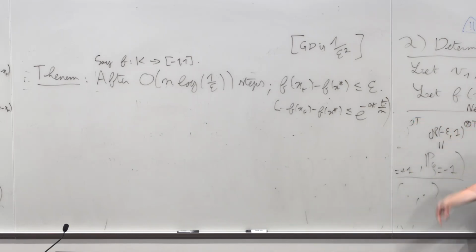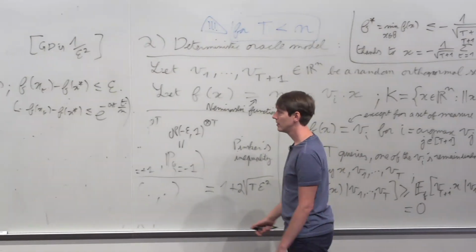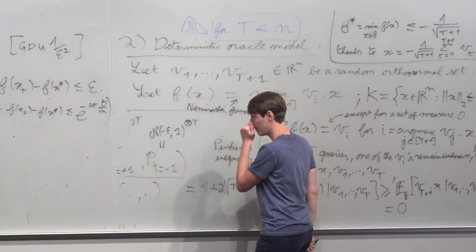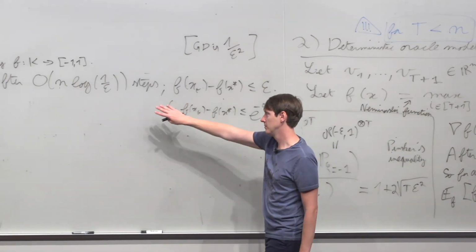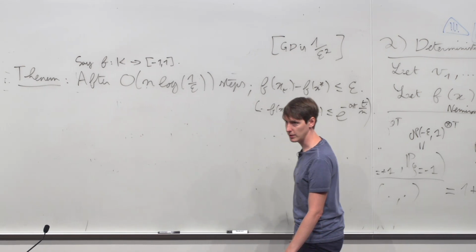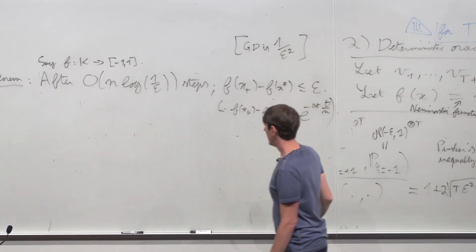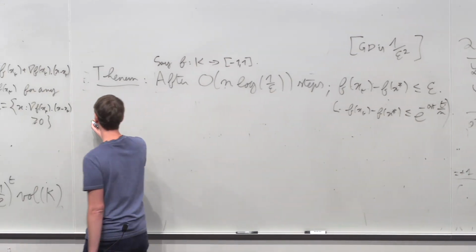So you're exponentially decreasing instead of decreasing as 1 over root t. So we really beat the lower bound over here. And this is optimal; you cannot do better even in low dimension. Okay, so let's prove this.